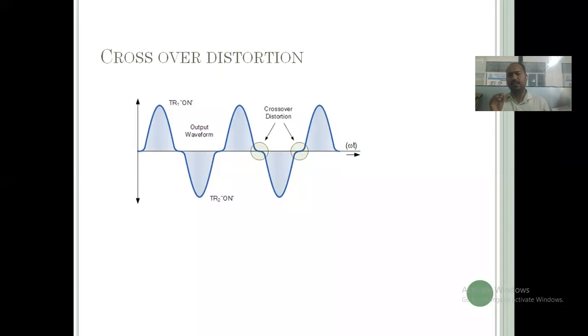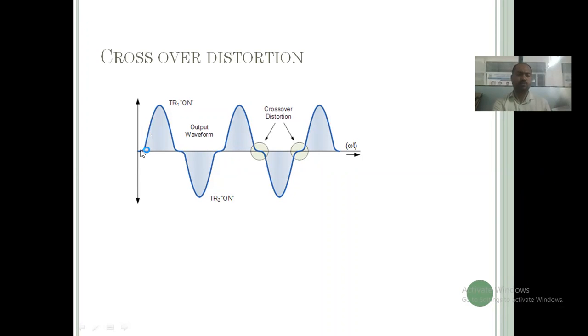No turn on indicates no power, no voltage, no current flowing through the device. Here the voltage changes from 0 to 0.7. Consider here 0.7 volt. So during that portion, no transistor is on.